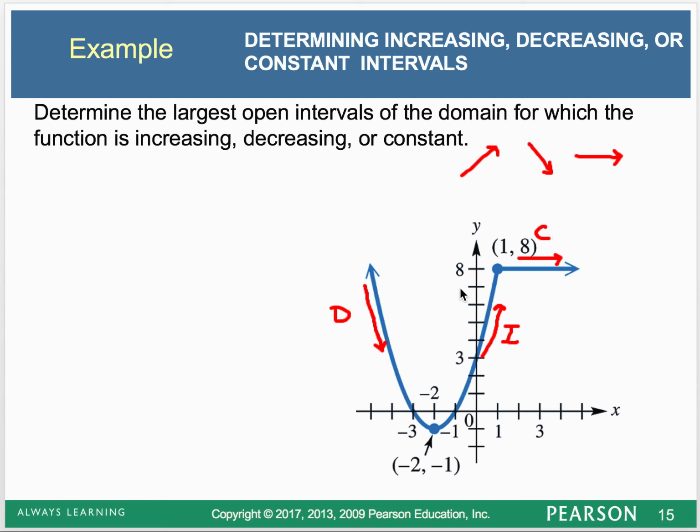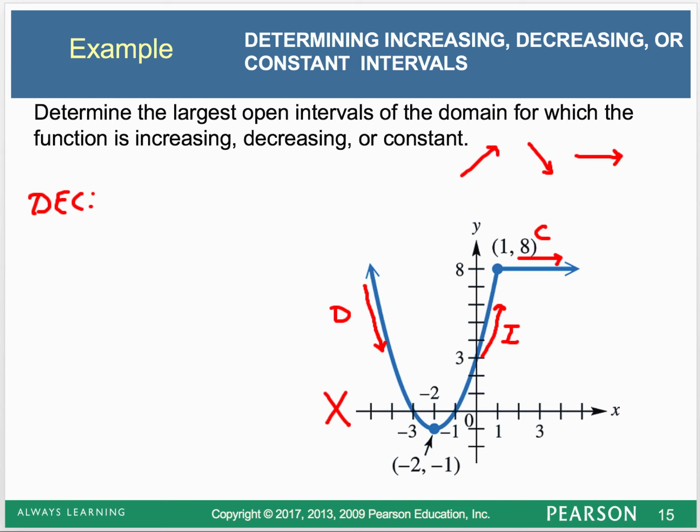But the tricky part is most people want to say, I kind of hate to even say this, but they'll say something like, oh, it's decreasing from negative infinity all the way down to negative 1. No. We say the function is decreasing when x goes from here to here.